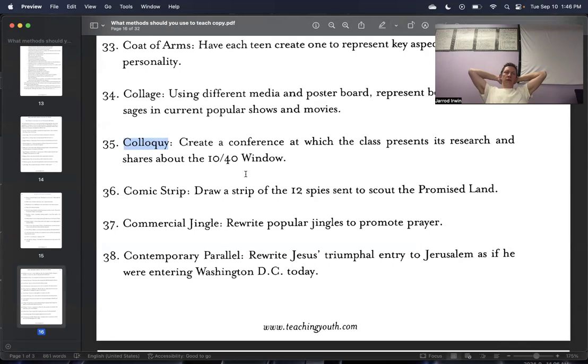Yeah, the highest concentration of unreached people groups or something.